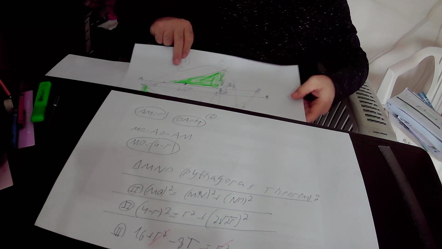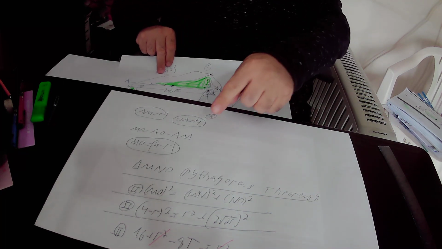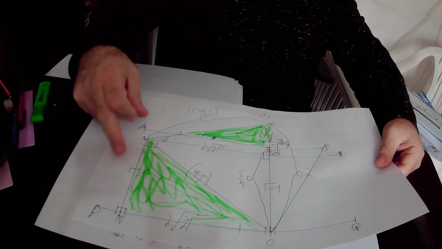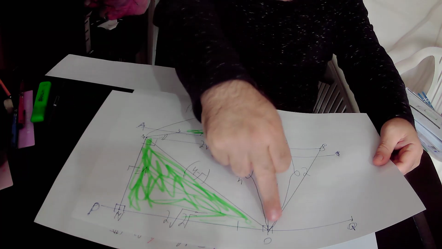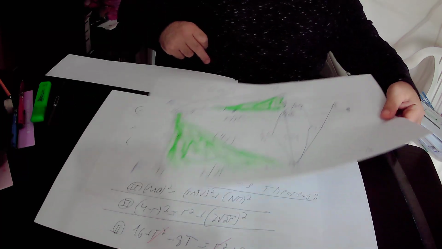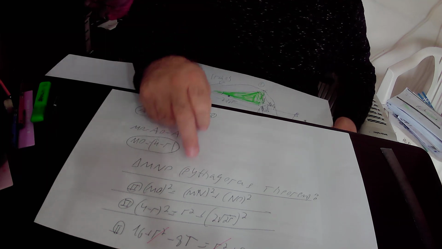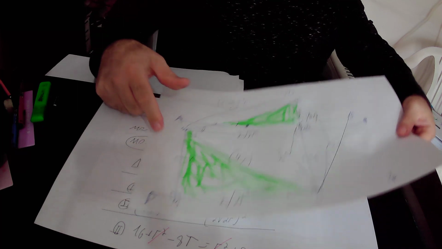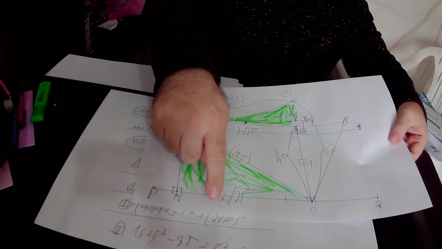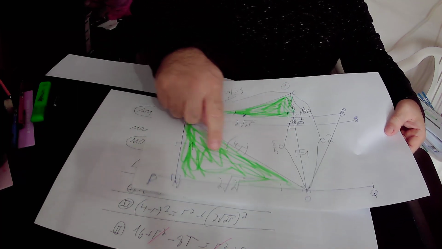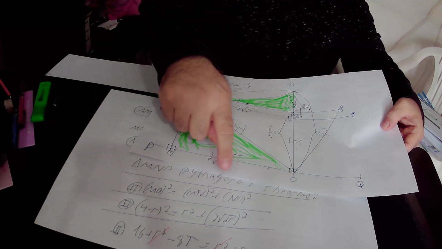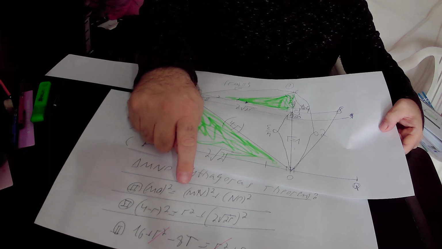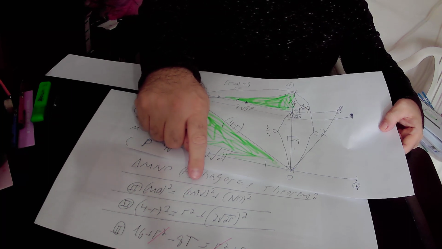The hypotenuse is MO. So the square of the hypotenuse is MO square, and it equals MN square plus NO square. So MN equals R, and NO equals 2 times square root of 2R. So NO square is 2 times square root of 2R square, and MN square will be equal to R square.